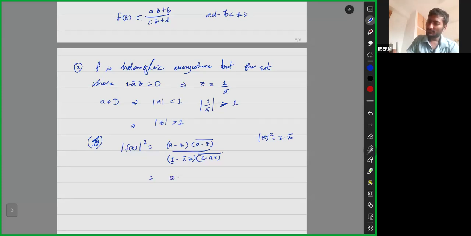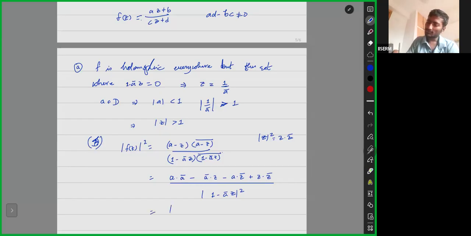Right. a into a bar minus a bar into z minus a into z bar plus z into z bar, divided by something which is, sorry, 1 minus a bar z whole square.